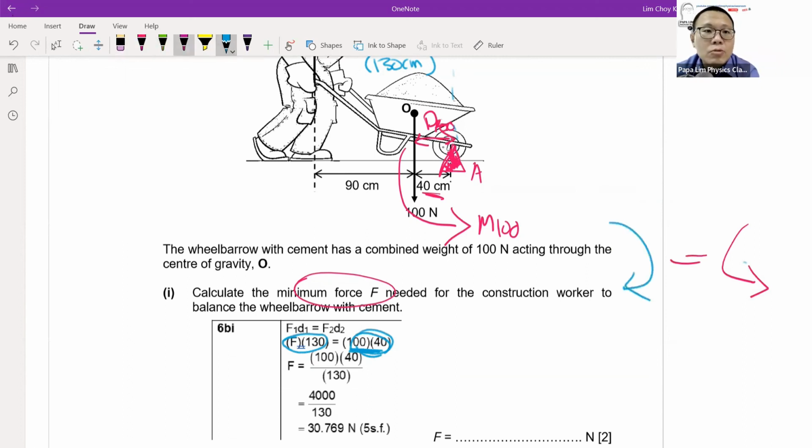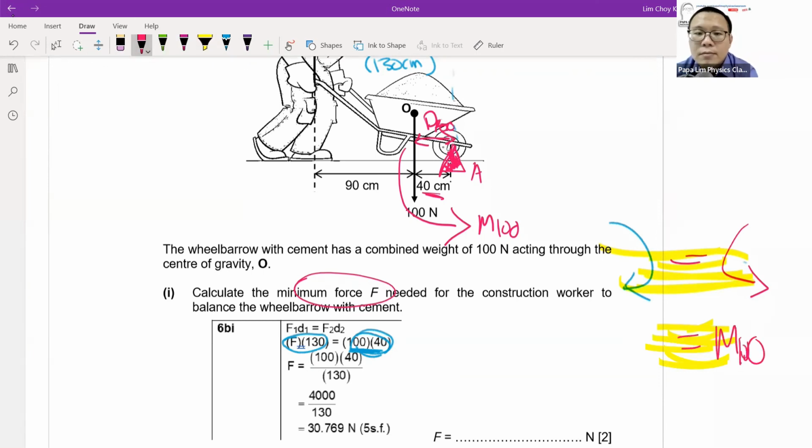Based on the question, my anti-clockwise moment is M100 and my clockwise moment is MF.